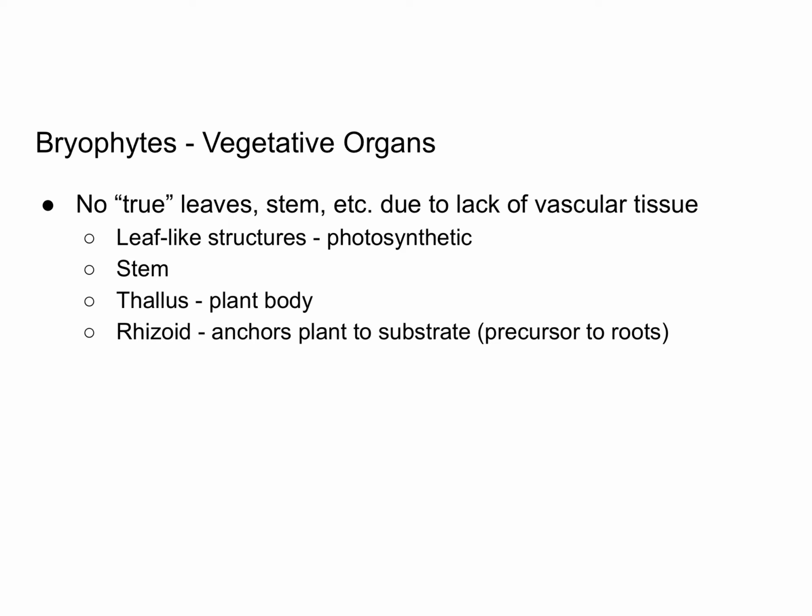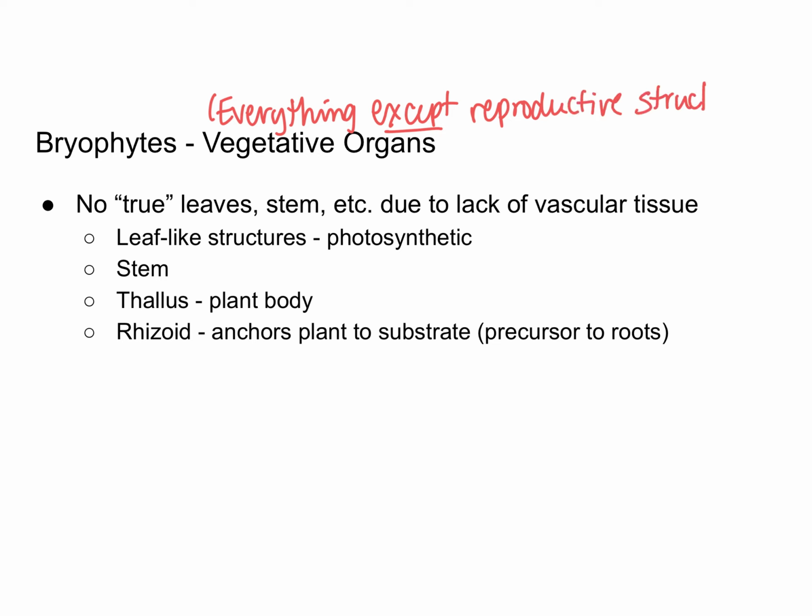If we look at the morphology or the structure of the vegetative organs of bryophytes, and by vegetative organs we mean essentially everything except for the reproductive organs, bryophytes do not have true leaves, stem, or roots due to a lack of vascular tissue, but they do have some similar structures.